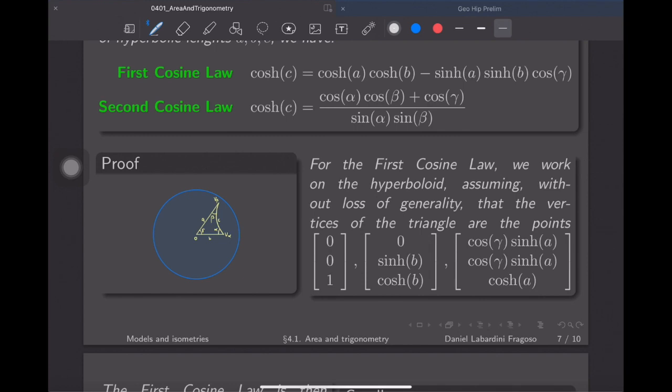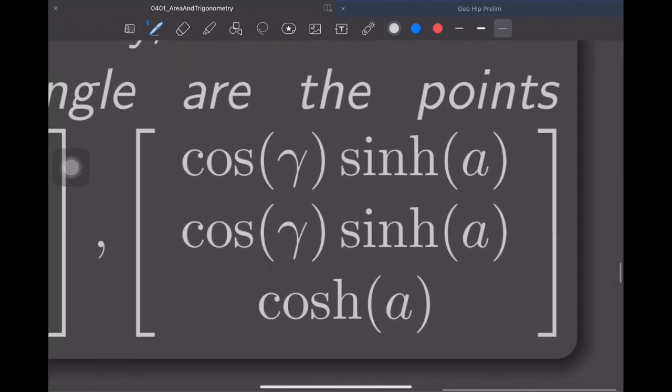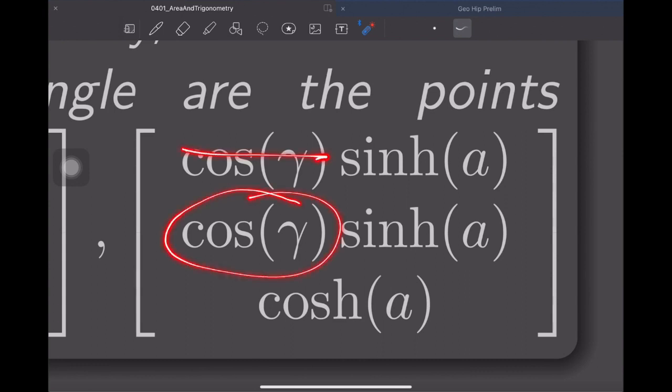It's in the cosine. Yeah, sorry. Okay, sorry. Of course, it's sine cosine. I'm going to put the cosine here and the sine here. Sorry about that.